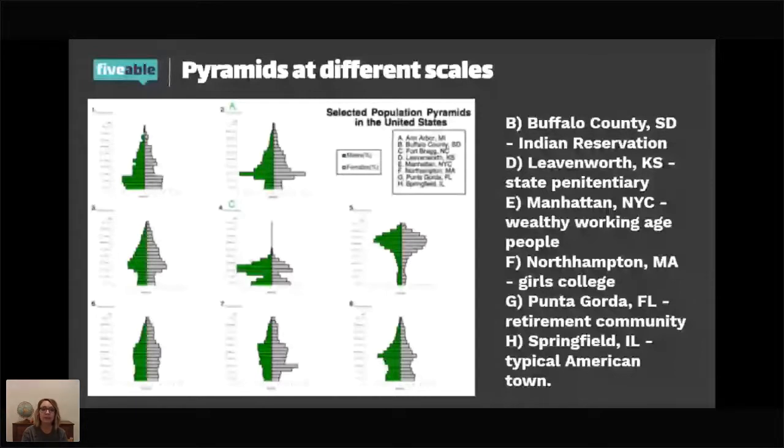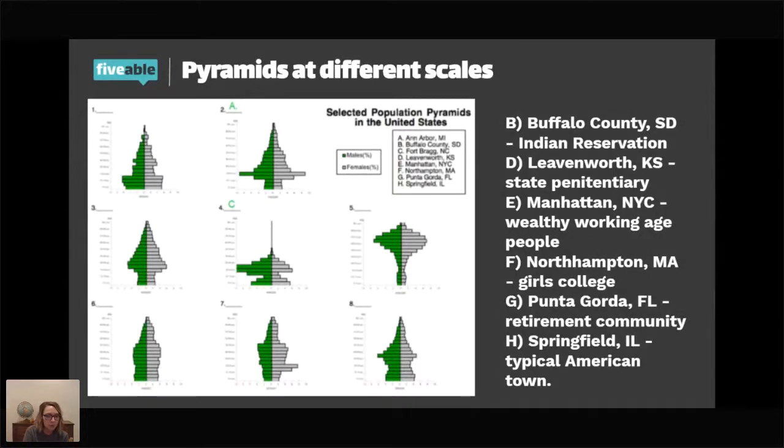Well, that makes sense that if it's a girls' college, you're going to have a high concentration of females in that particular age range, and only females, right? If it's a female college. Because if you think back to when we looked at number 2, that's Ann Arbor, Michigan. They are a college town, and it's not just a female college, it's a co-ed college. So we've got an even concentration, an anomaly that juts out with that pyramid. So 7 is going to be F.